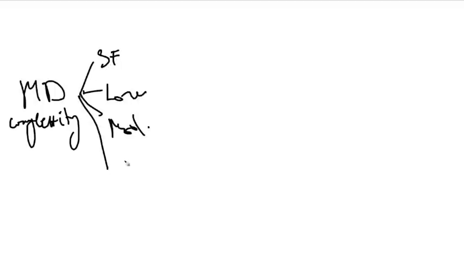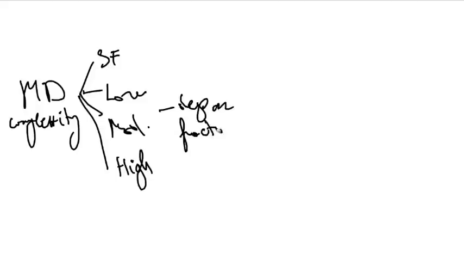First, medical decision. Medical decision is measured in complexity. And the complexity can be straightforward, can be low, can be moderate, or can be high complexity. And this depends on factors.